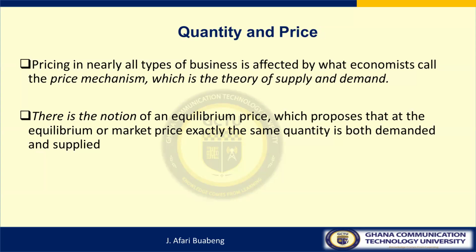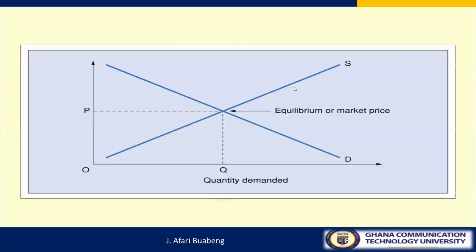So there is the notion of an equilibrium price, which proposes that at the equilibrium or market price, exactly the same quantity is both demanded and supplied. So the forces will interact, and as a result, they will be able to achieve what we call equilibrium position.